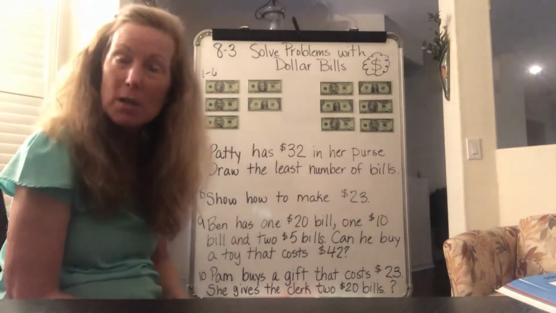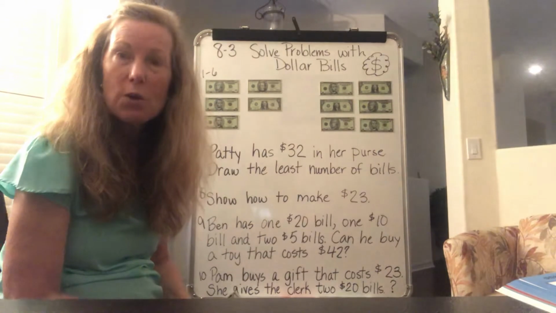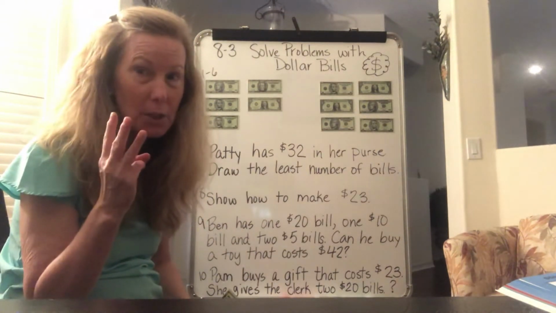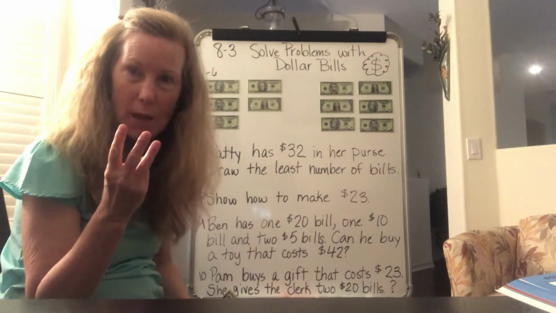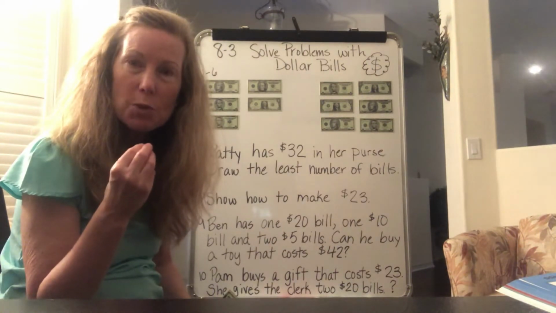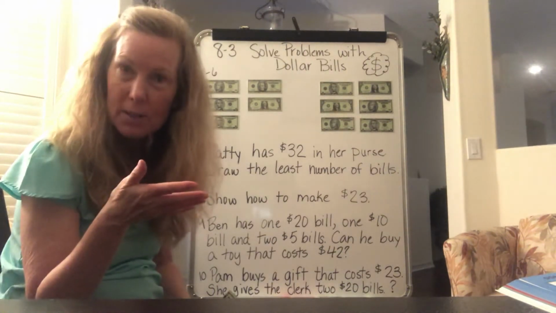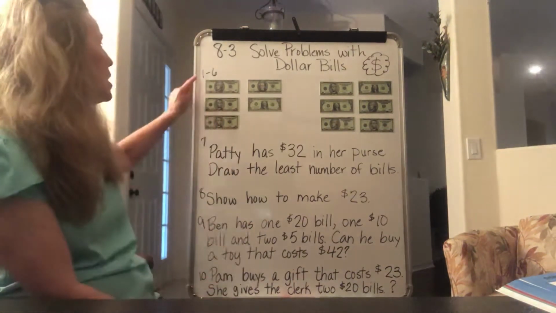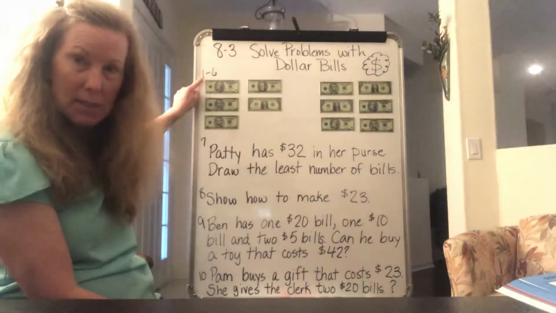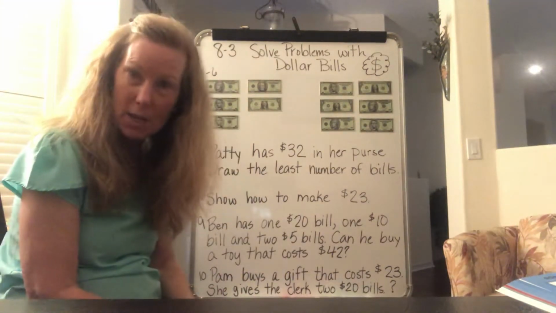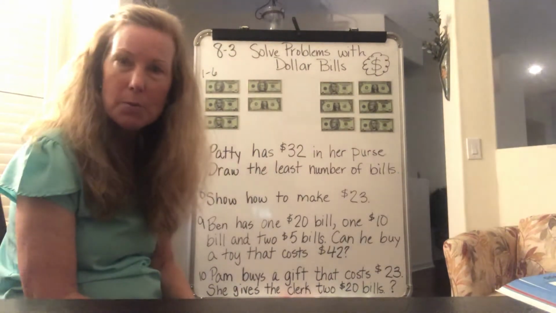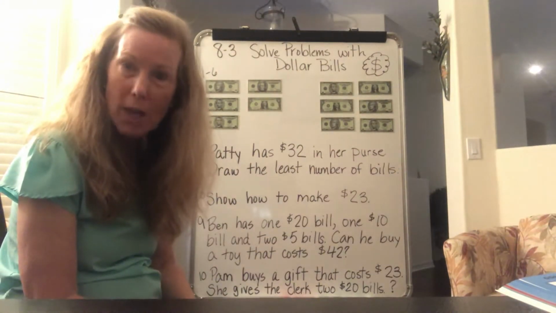Now, I'm gonna go through and I'm gonna show you 3 different ways that you could possibly count dollars. Okay, and then you're gonna have to choose which one that you like to do the best, okay? All right, so numbers 1 through 6, that's what you're working on today. All they're gonna do is give you some dollar bills and they want you to count them.